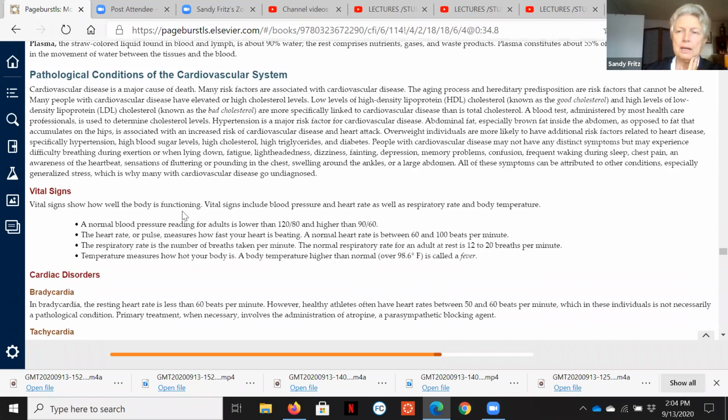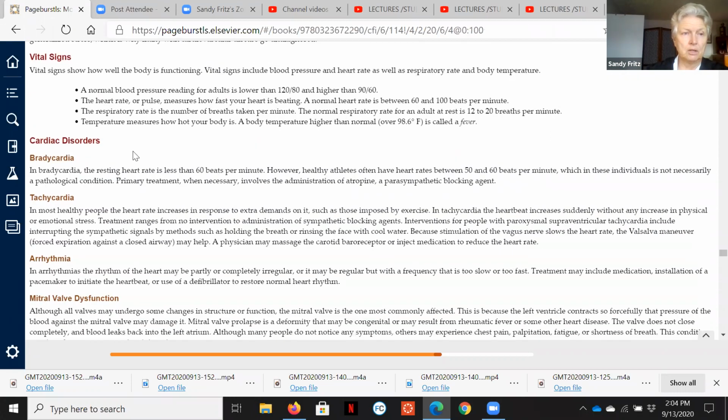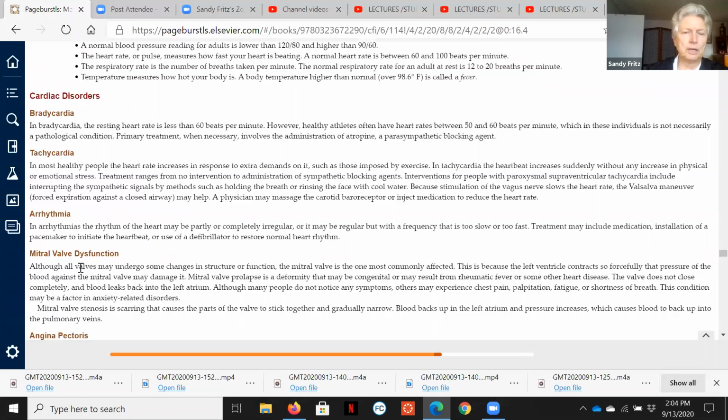Not all, but a lot of our vital signs that are taken to determine what's going on with homeostasis have to do with the cardiovascular system. So you can have slow heart rate, fast heart rate, irregular heart rate. You can have dysfunction with the valves.